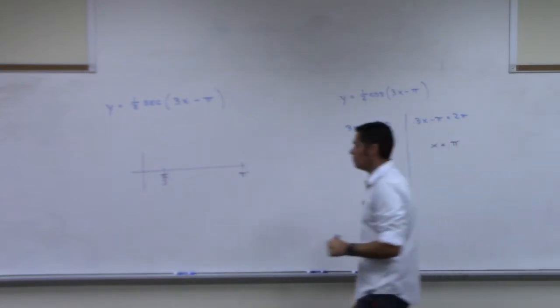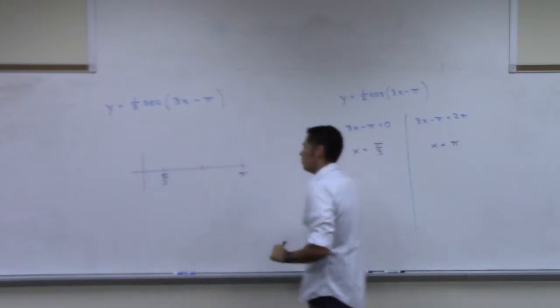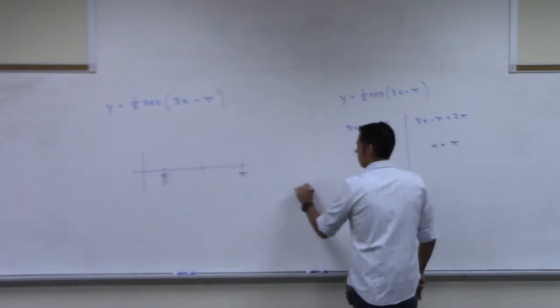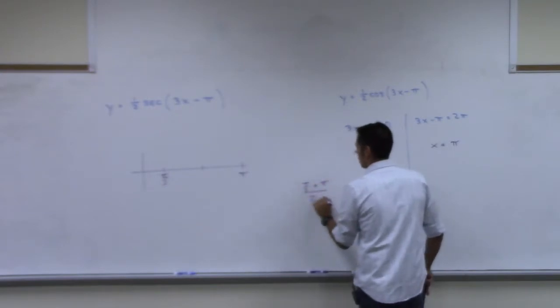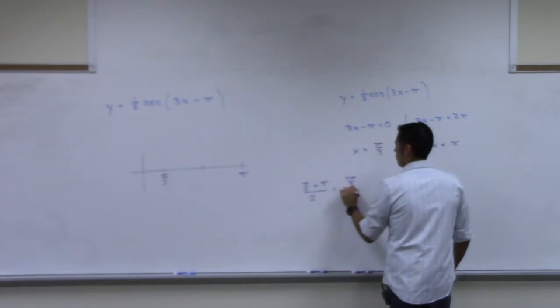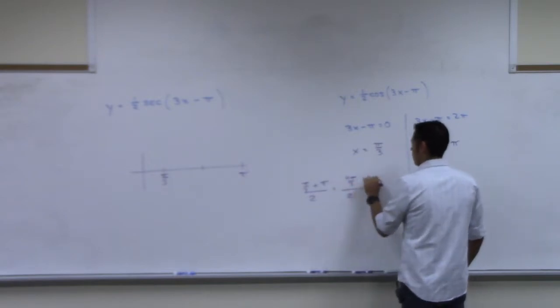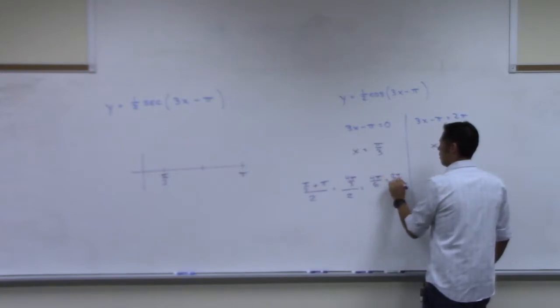You want to find the middle? Okay. So to find that point, add them and divide by 2. So you should get 4 pi over 3 over 2, which is 4 pi over 6, which is 2 pi over 3.